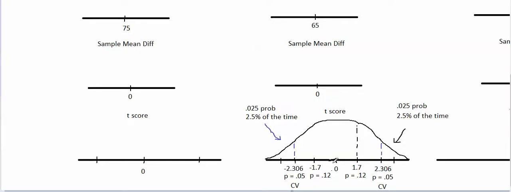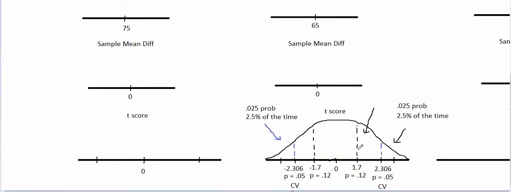Next, I want you to make another dotted line right here, and a dotted line above the opposite, and then tell me the probability of this t-score being reached. We already know that this one has a 0.025 chance of being reached, and so does this one. But we need to know the probability of this t-score being reached.